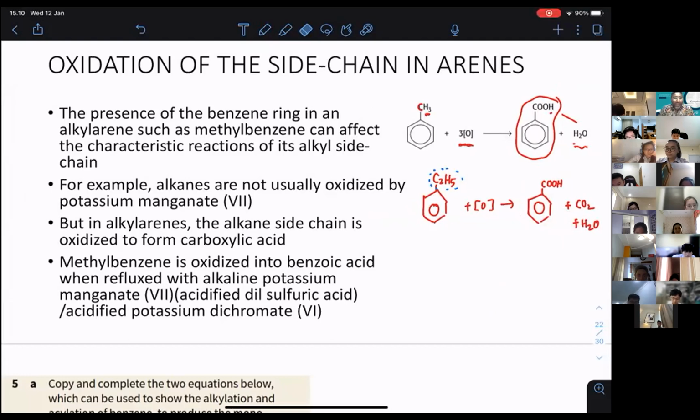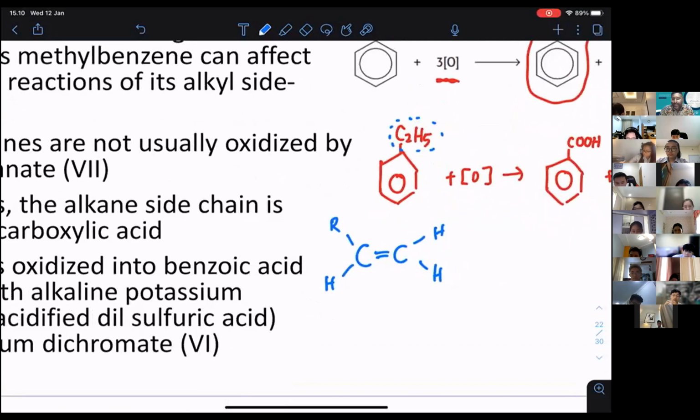Josh, can alkene be oxidized? Yeah, into alcohols or carboxylic acids. So do remember, when alkenes get oxidized, it depends on what you have; go and read about this.